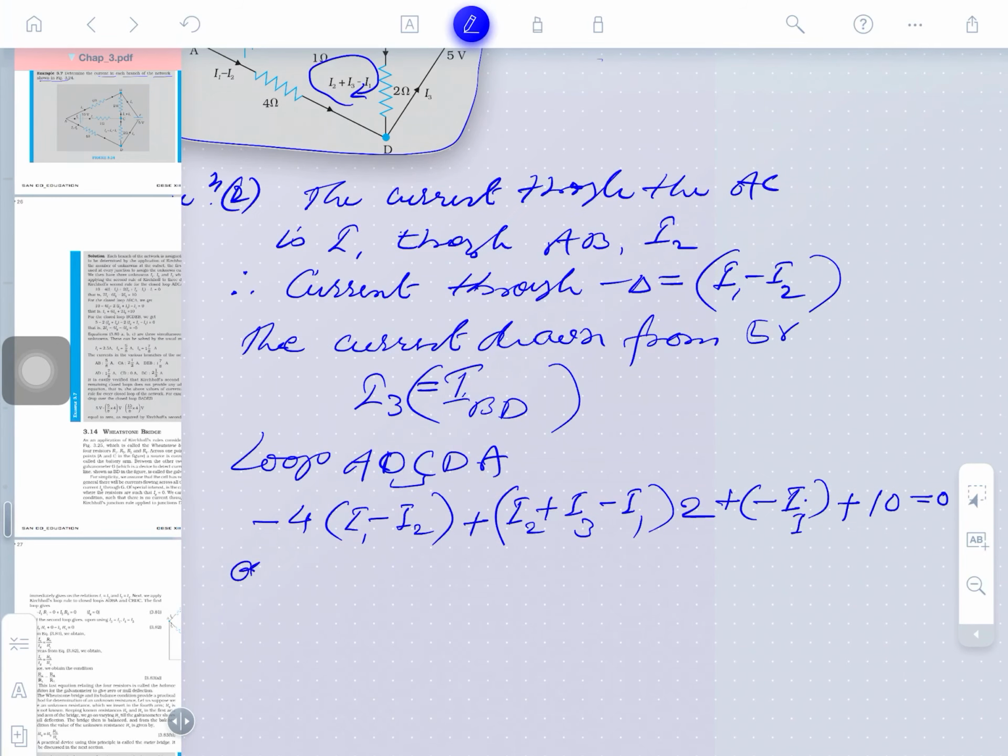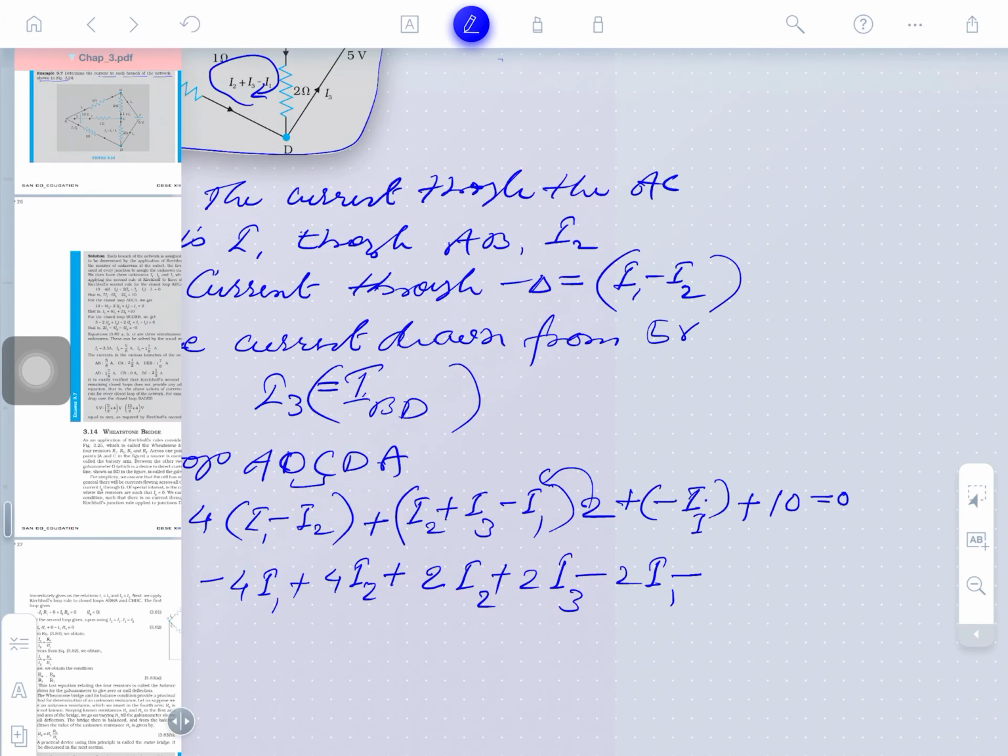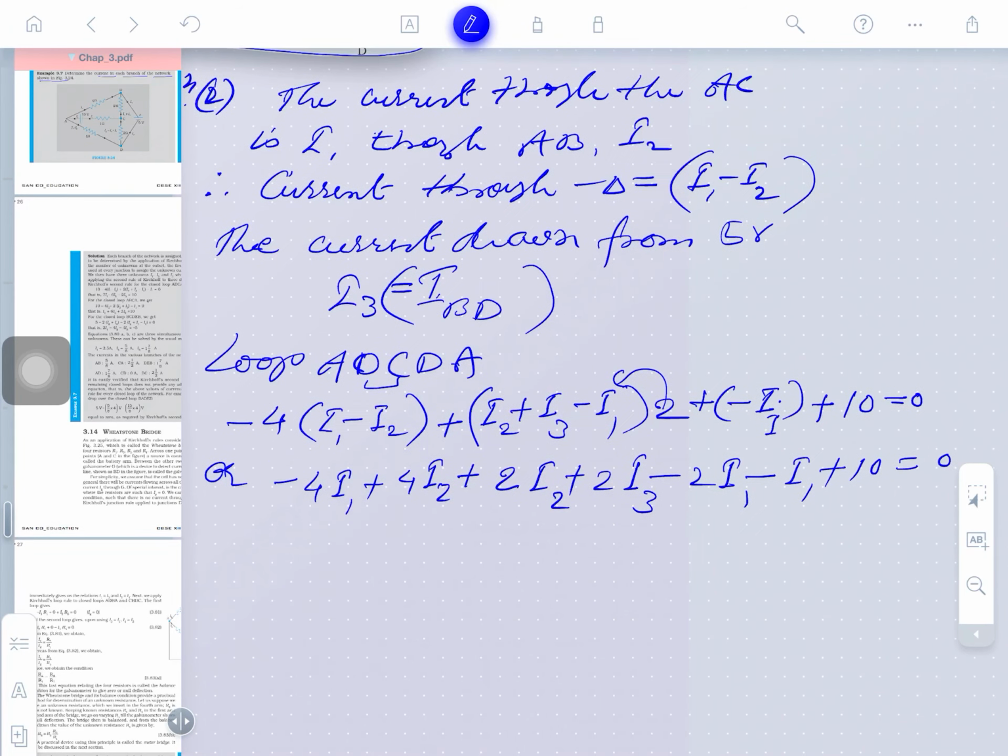This is the loop, so it can be written as minus 4 of I1 plus 4 of I2 plus 2 of I2 plus 2 of I3 minus 2 of I1 minus I1 plus 10 is equal to 0.